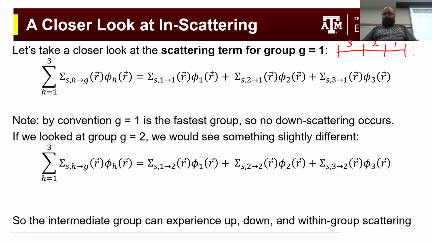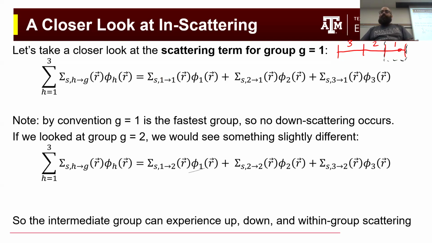And so what we just wrote was the equation for group 1, which means that we're keeping track of just the neutrons that belong in this group 1. For neutrons in group 1, there's a couple of ways that the scattering can occur. This first term says I'm scattering from group 1 into group 1.